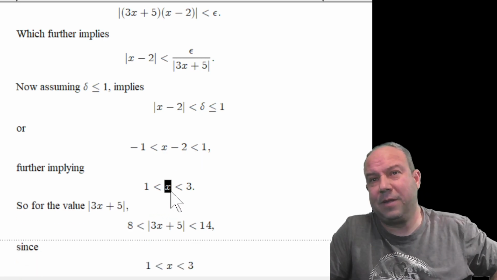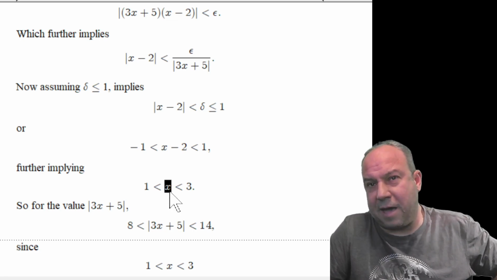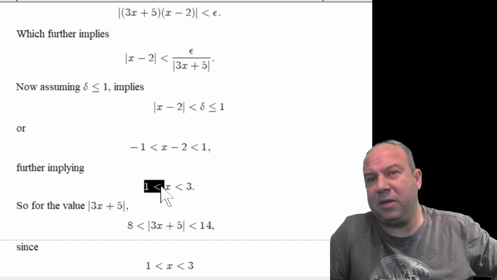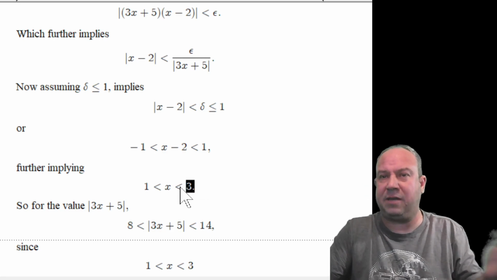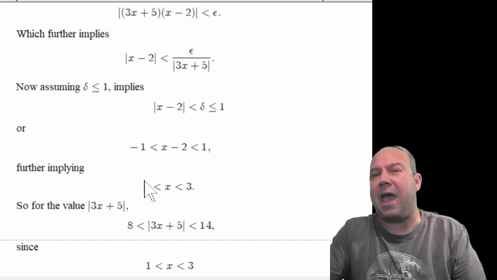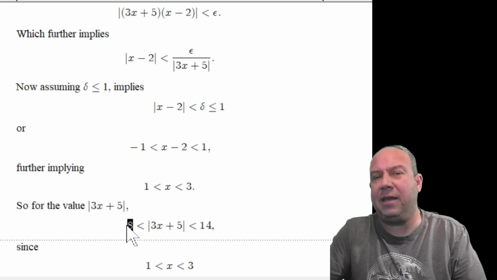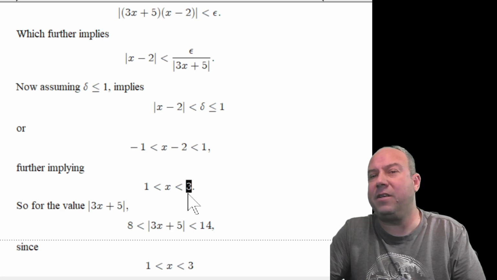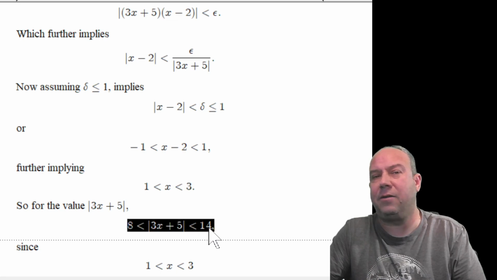Multiply that by 3 and this by 3, we would get 3 and 9. And then if we add 5 to that 3, we would be at 8. And if we add 5 to this 9, we would be at 14 in value.